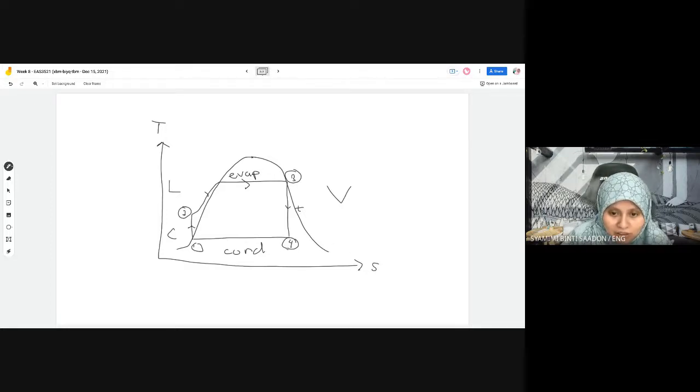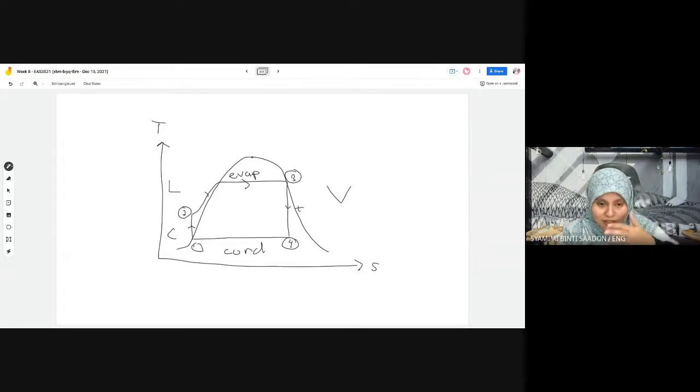Now we are only focusing on this expansion process, the turbine process. 3 to 4. We forget about the rest first, just focus on the turbine. So you mentioned here the power output of an adiabatic steam turbine. At location 1, we have P1 pressure 2 megapascal, T1, V1, Z1.